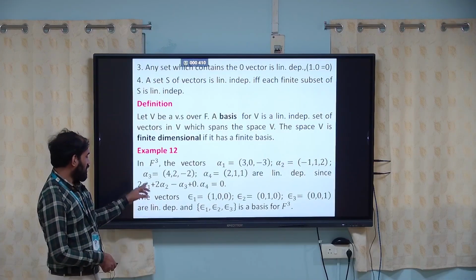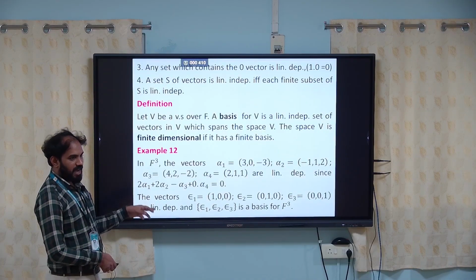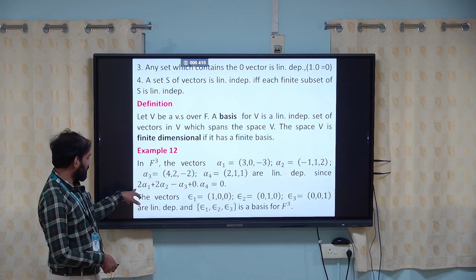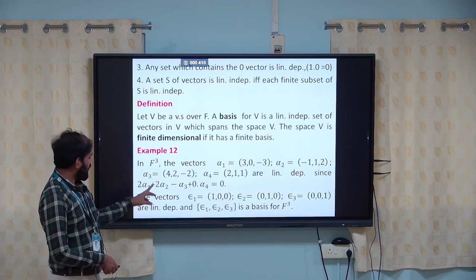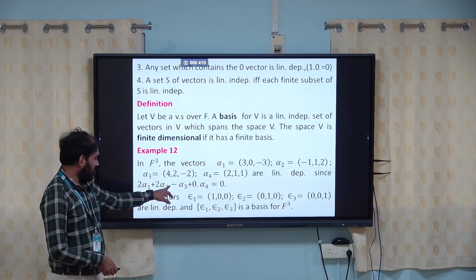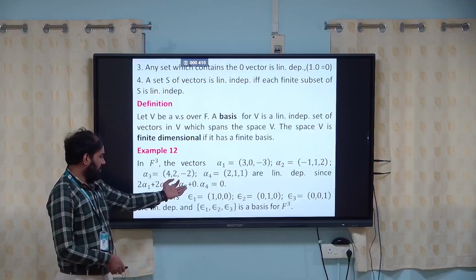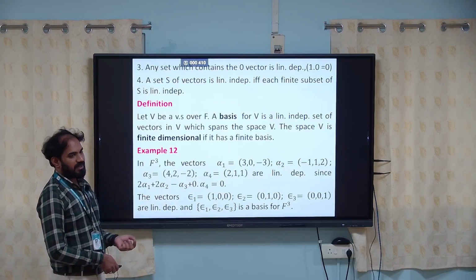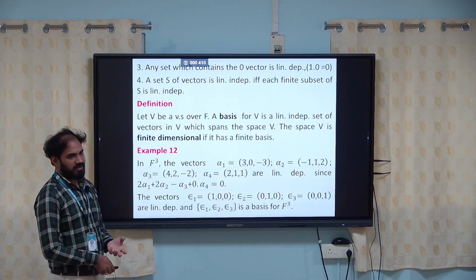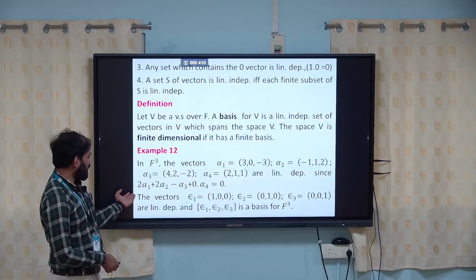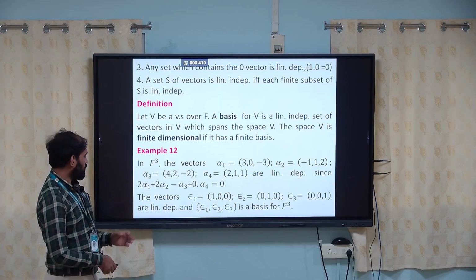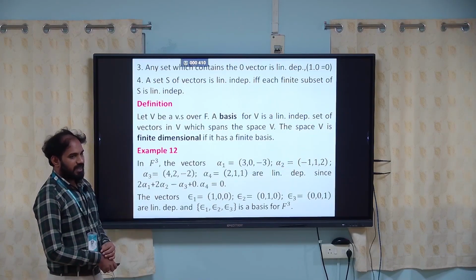This value is 0. But in this linear combination, there exist some non-zero scalars. You can see the first scalar 2 is non-zero, here also 2 is non-zero, here also -1 is non-zero, but here I am taking 0. If at least one scalar is non-zero, it is linearly dependent. Here I am getting more than one scalar non-zero, so these 4 vectors are linearly dependent.